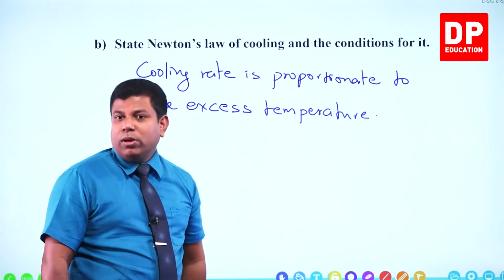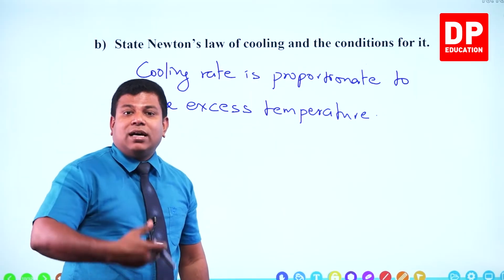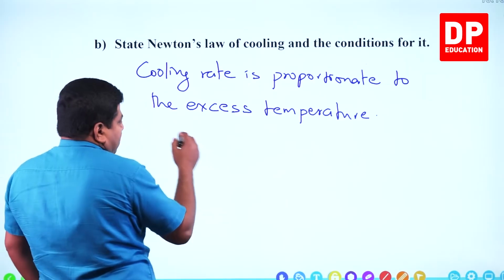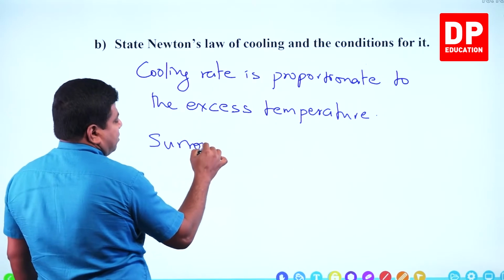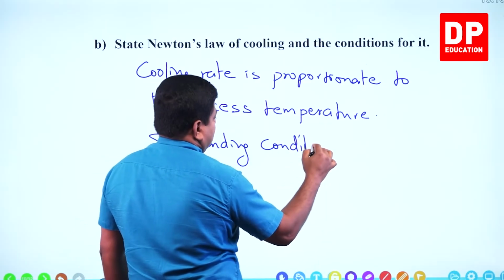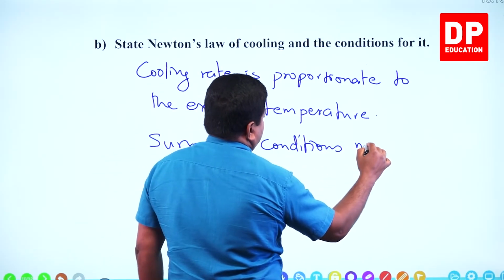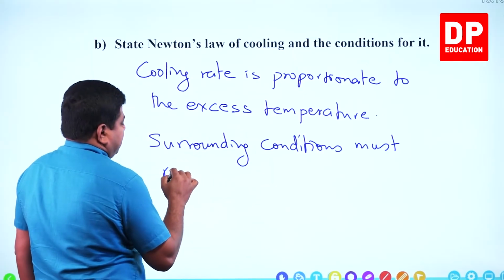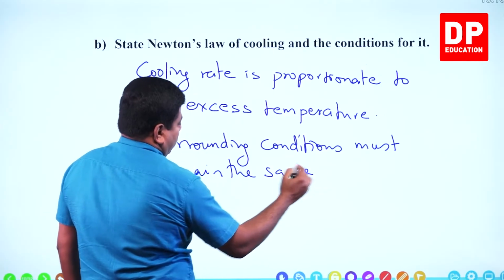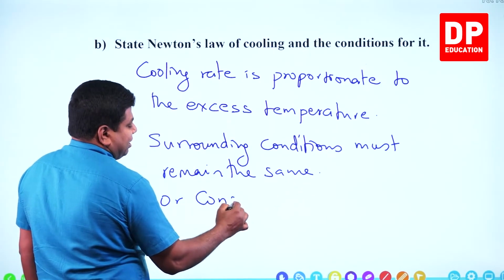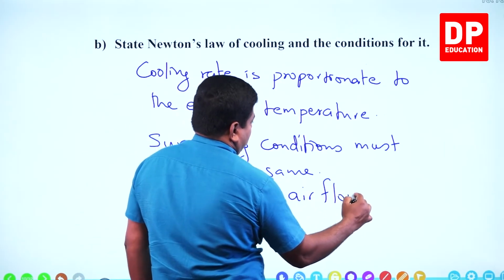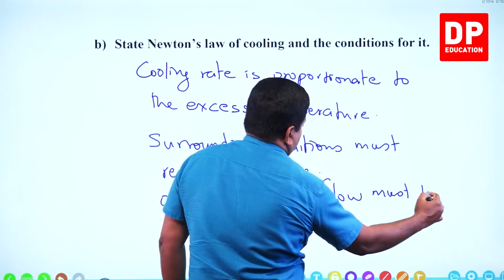When an object is let to cool in the surroundings, the excess temperature over its surroundings and the cooling rate are proportionate. The conditions: surrounding conditions must remain the same. Or constant airflow must be maintained.